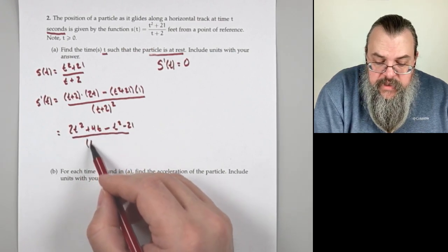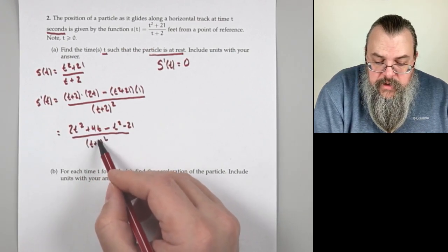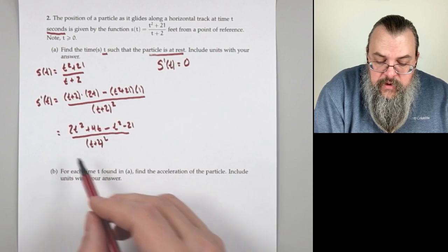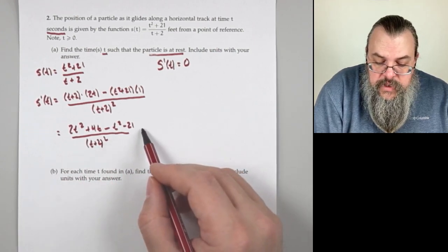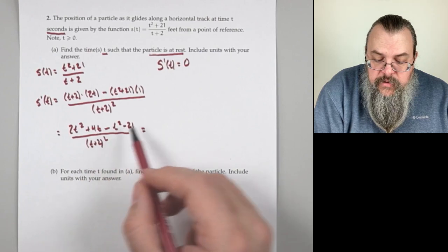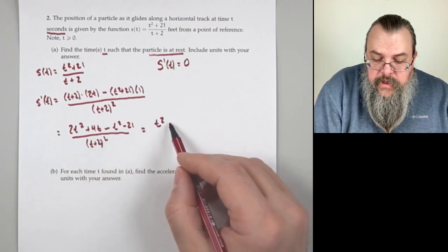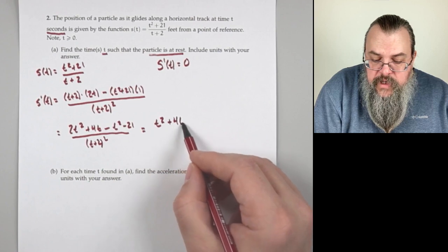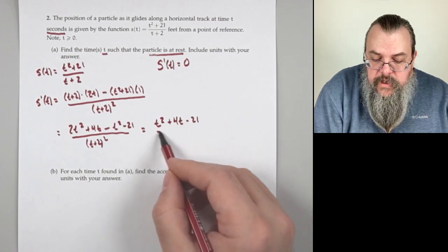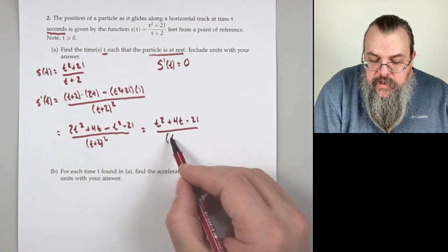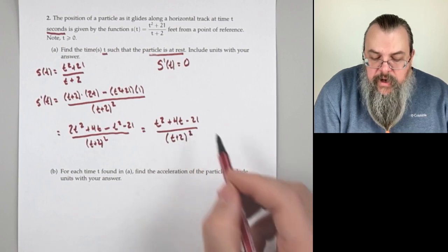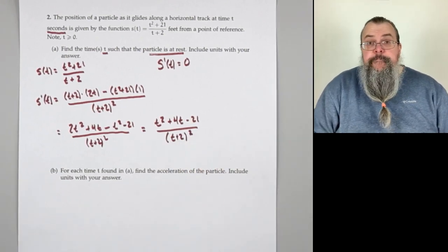And divide that by t plus 2 quantity squared. Okay, so this equals 2t squared minus t squared is t squared, then a plus 4t, and a minus 21 over t plus 2 squared. And that's about as simple as you can get.